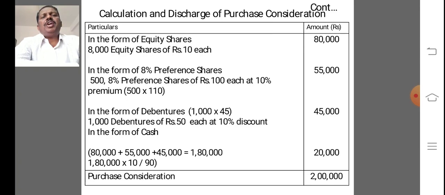In the form of 8% preference shares, 500 shares of rupees 100 each at 10% premium, that is 500 into 110, that is 55,000.